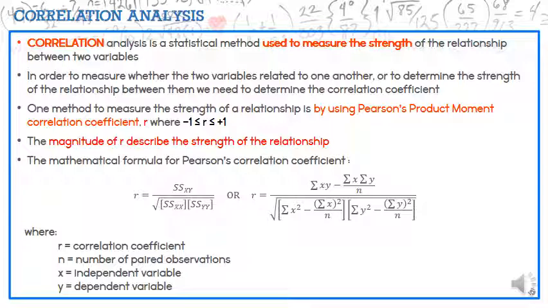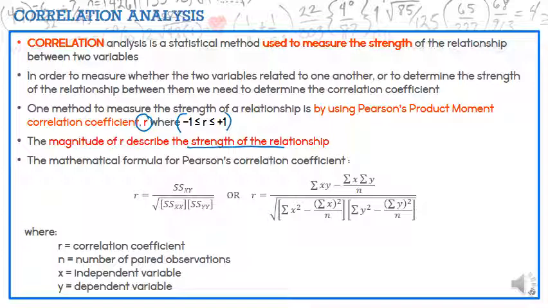So one method to measure the strength of a relationship is by using the Pearson product moment correlation coefficient. And the notation is R, where the magnitude is -1 to +1. So R shouldn't be less than -1 and it shouldn't be more than +1. The magnitude of R describes the strength of the relationship, and the symbol, positive or negative, describes the direction of the relationship.